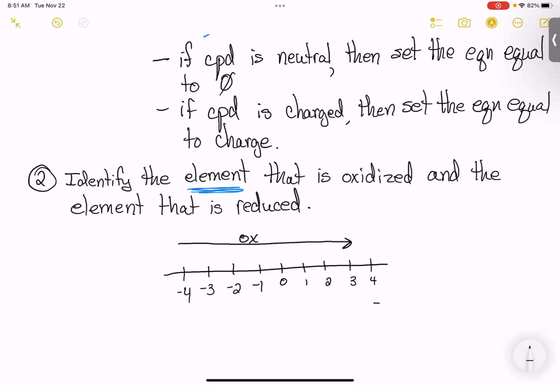If the oxidation state becomes more negative as you go from reactant to product, then that element is reduced. In other words, we pay attention to the direction that the oxidation state heads as we go from reactants to products.